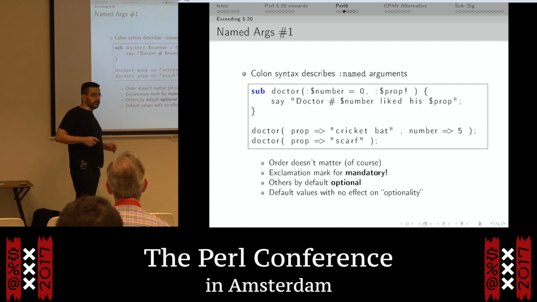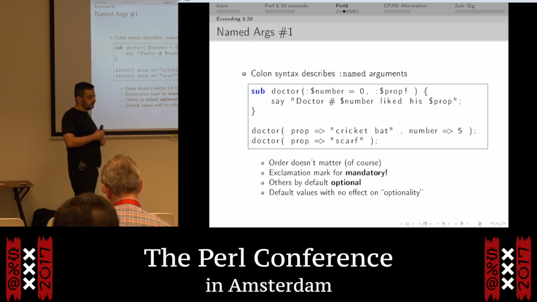And this is a thing which bugs me also, because here the thing is turned around. It's exactly the opposite way. While positional parameters are mandatory by default, named parameters are optional by default. So here you have to mark the mandatory elements by an exclamation mark.